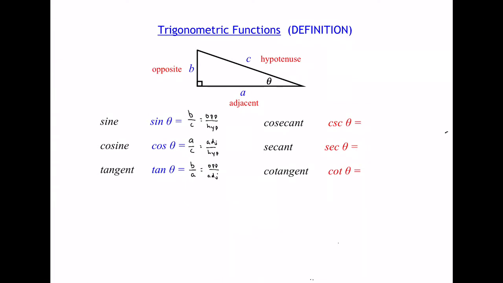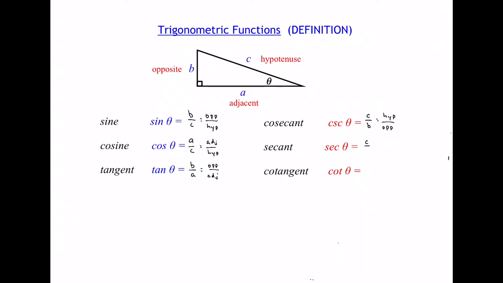So cosecant, abbreviated CSC. So cosecant of theta, instead of being B over C, is the reciprocal of sine. So that's C over B, which is hypotenuse over opposite. Secant, abbreviated SEC of theta, is the reciprocal of cosine.